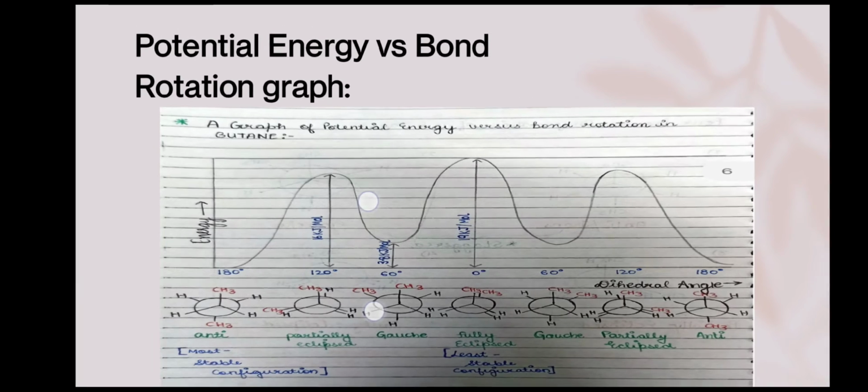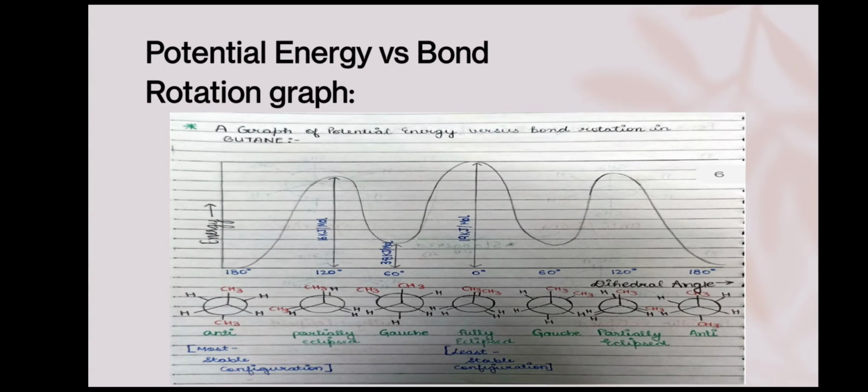The first one is the anti conformation, in which the alignment is 180 degrees apart, the angle between the CH3 of the front carbon and the CH3 of the back carbon. So the groups are farthest apart from each other. That's why the energy will be less, which will result in more stability of the conformation.